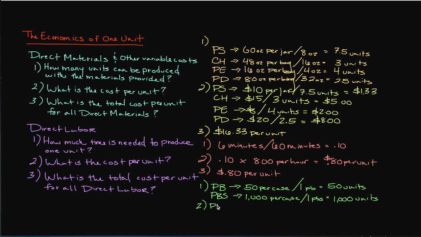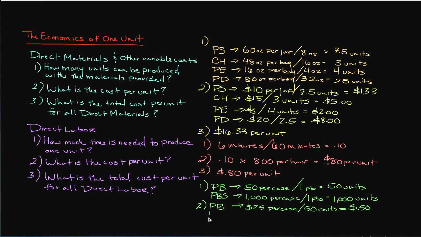So for pizza boxes, we know the cost is going to be $25, let's say per case. And if we can generate 50 units, that means that ultimately we're paying 50 cents per unit.